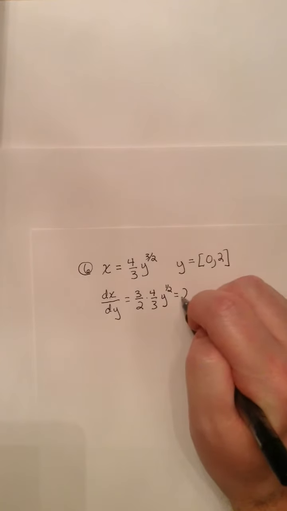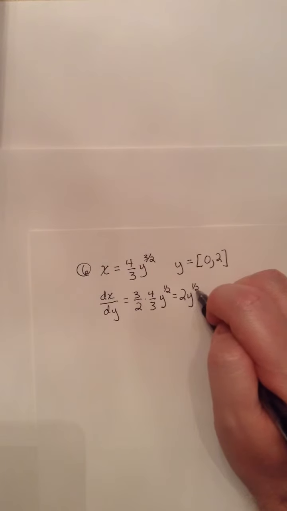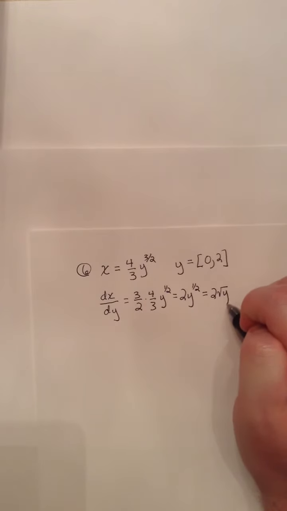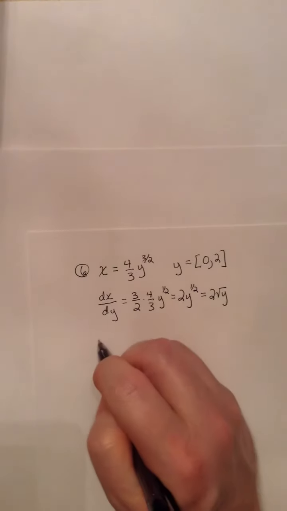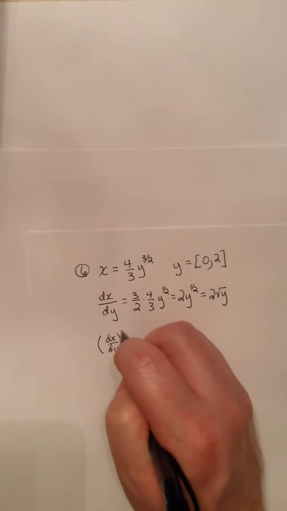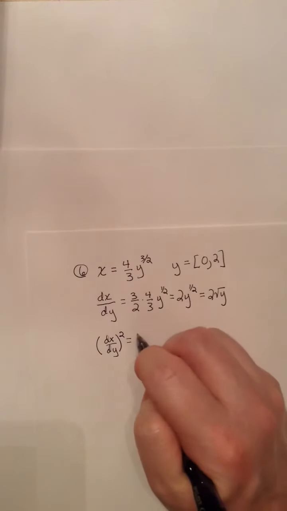So for the first order derivative, we end up with 2 times y to the 1/2, or 2 times the square root of y. Now, taking the square of the derivative, this is going to be 4y itself.